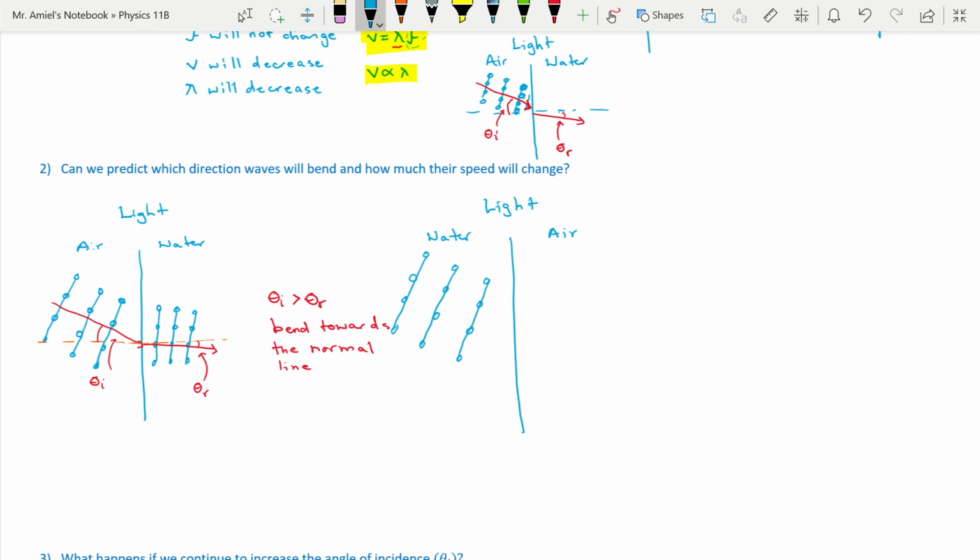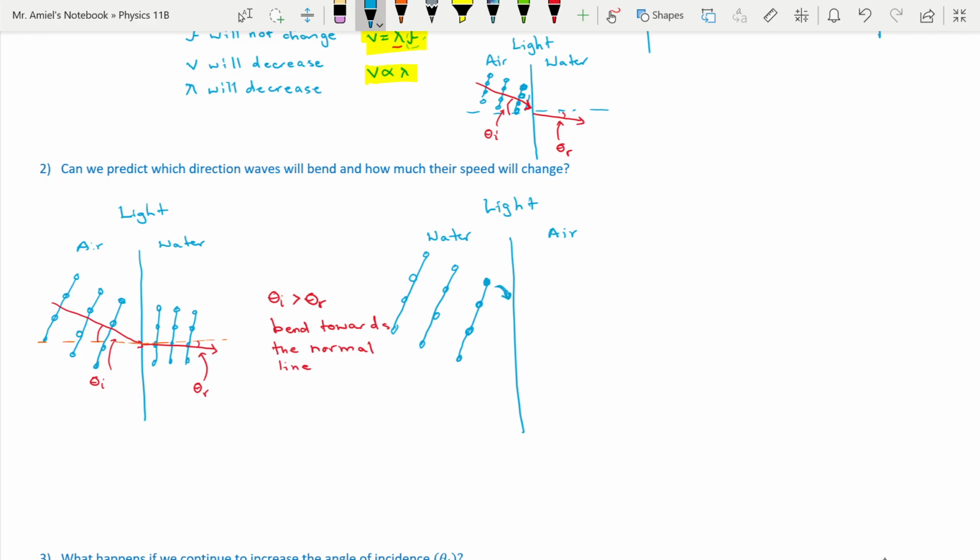Okay, now when these guys hit the interface, again, this one's going to hit first, and he's going to start to go faster. These ones down here will not have hit yet, so they're going to go slower. So he is going to start to come around this way if we think of it as a rotation, because they're holding the stick.